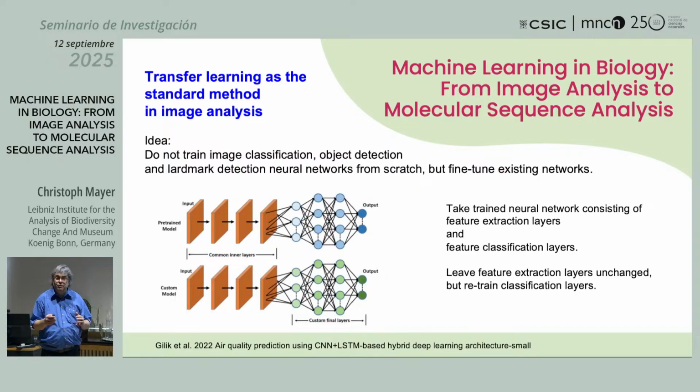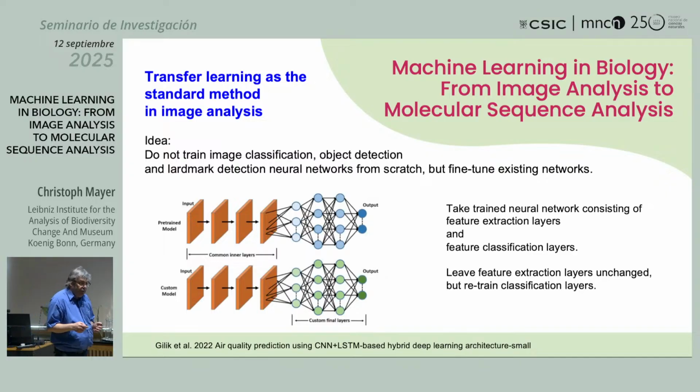Now if we want to apply this or train this for our own data, what we typically do is cut out this part with all the trained neurons, and we add a new classification part here. These are new classification layers, and we only train these. All the features that can be detected, edges, round circles, all these image types, are encoded in this part.